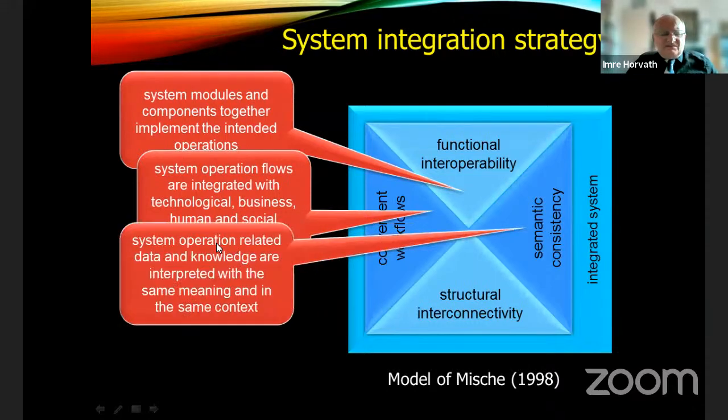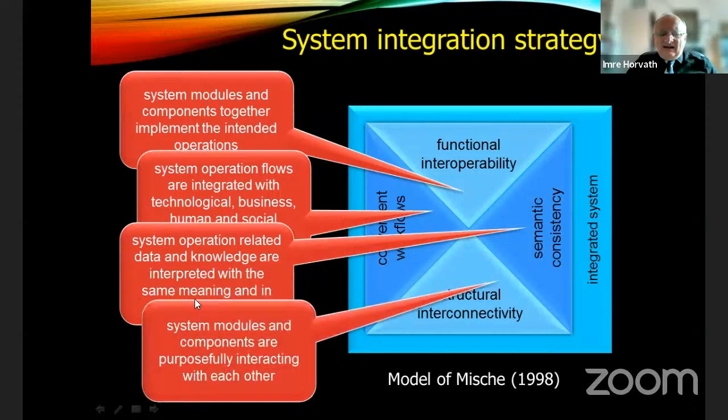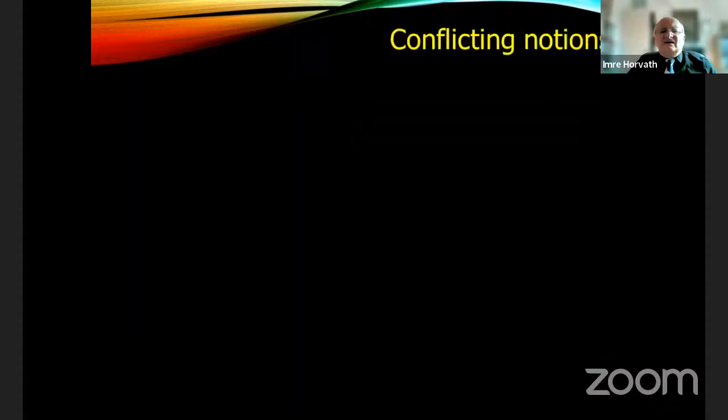Semantic consistency means that the system operations related to data and knowledge are interpreted with the same meaning and in the same context. And structural interconnectivity means that the system modules and components are purposefully interacting with each other.